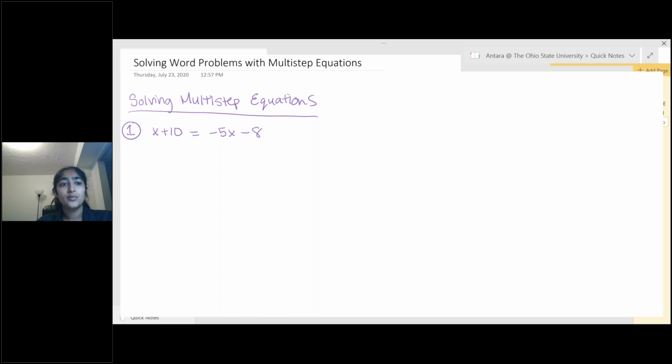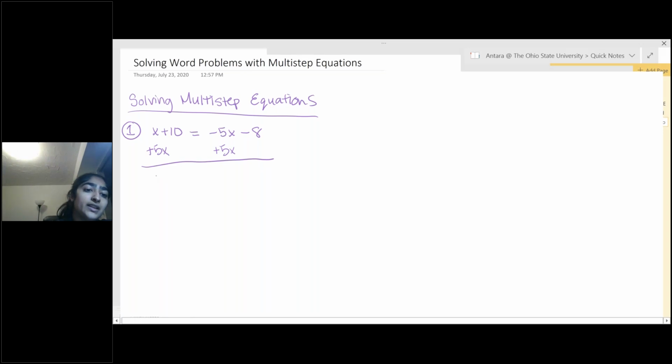But we do have to worry about having just one variable term. So we have to combine the negative 5x with the x. We do that by doing the inverse operation, so we're going to add 5x, and you have to remember to do this on both sides.